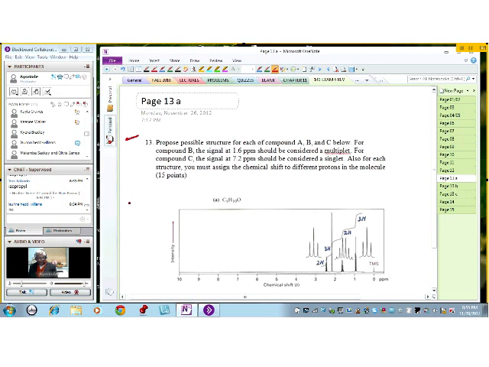For compound B, the signal at 1.6 ppm should be considered a multiplet. For compound C, the signal at 7.2 ppm should be considered a singlet. Also, for each structure, you must assign the chemical shifts to the different protons in the molecule. Okay, thank you. Very good.